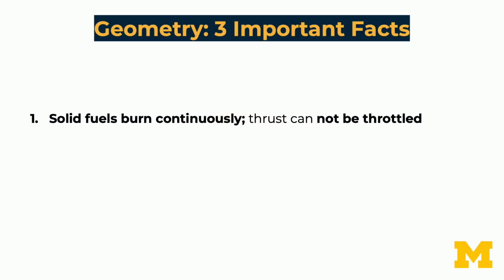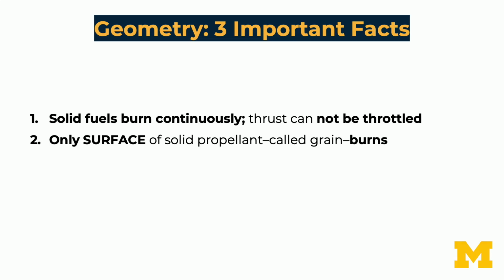So there are some important facts about the geometry of this. The solid fuel burns continuously. The thrust can't be controlled or throttled at all. So you can't turn off the thrust or turn back on the thrust. You just have it burn continuously. But the only thing that is burning is the surface. It's just the surface of the grain. That's where the burn happens.